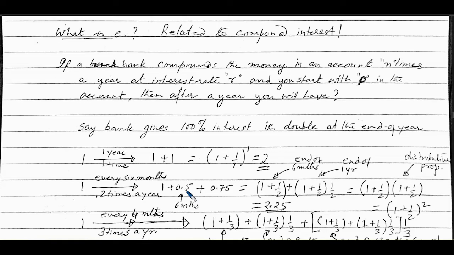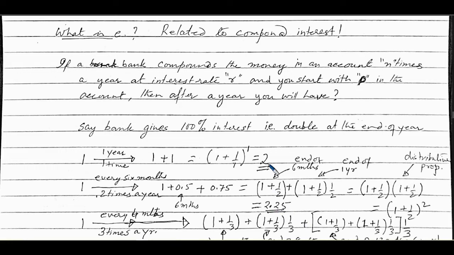And after 12 months, they will add another 50% of 1.5, that is 0.75. I can express this as 1 plus half, and then 1 plus half of half, that is 0.75. You just go through it, you will understand. Taking a common 1 plus half, I can express this as 1 plus half, the whole square. And this number is nothing but 2.25.